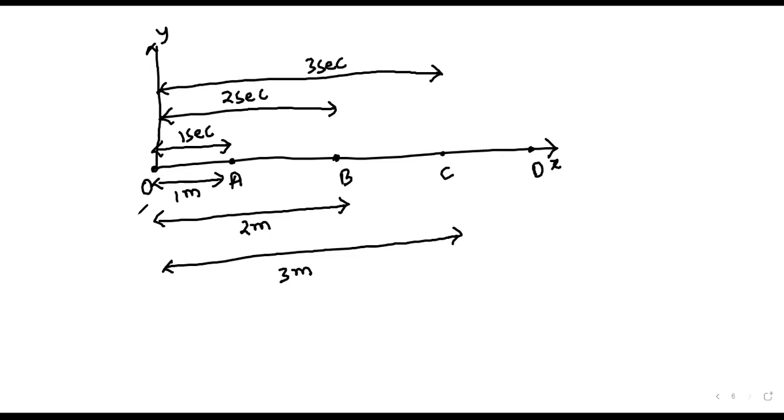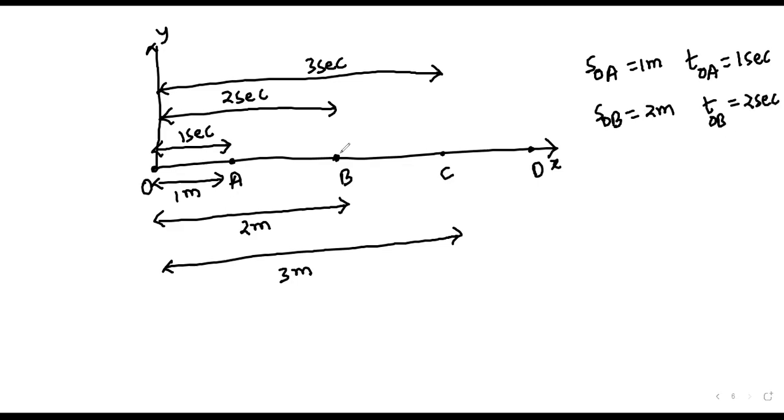See here, the distance of OA is 1 meter, and the time taken along OA is 1 second. The distance of OB is 2 meters, that is, the distance is double, so the time is also double.